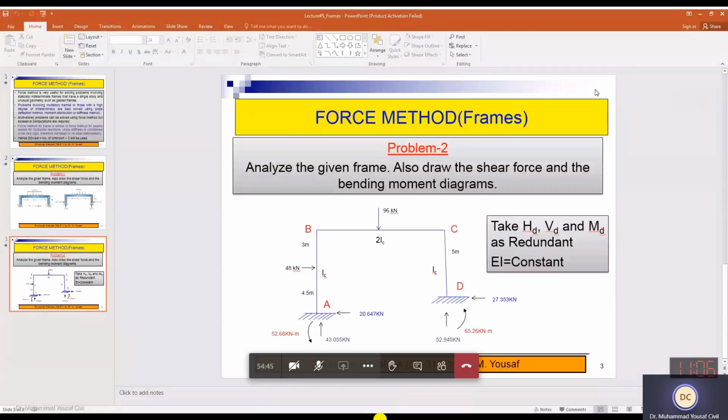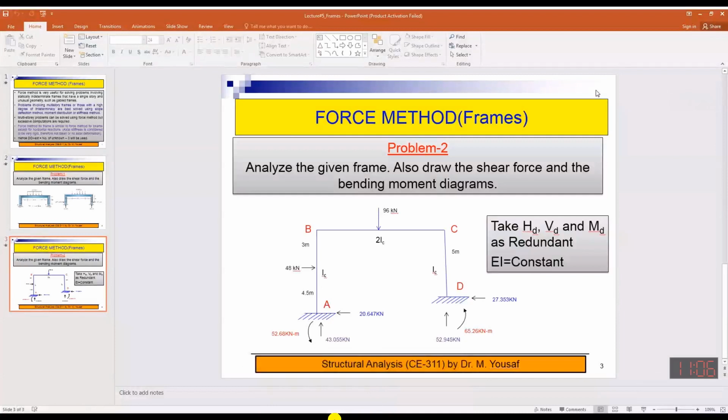Analyze the given frame. Is it clear? Yes sir. It is being displayed in front of you. Now you can see that this is a structure which is loaded with 96 and 48 kilonewton, and both are fixed supports. This is 5 meters and this is 7.5 meters. So you need to draw it, please, along with the result as well. Everybody is requested to draw it.